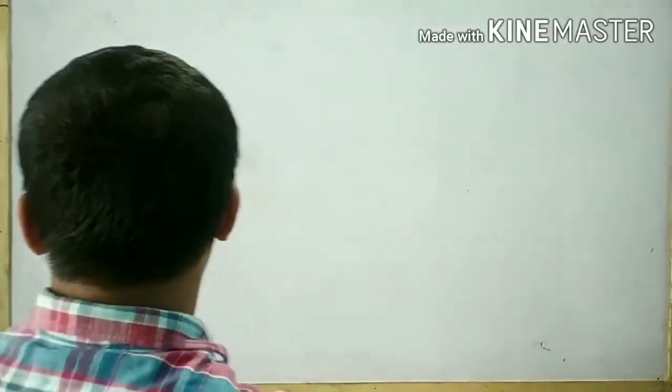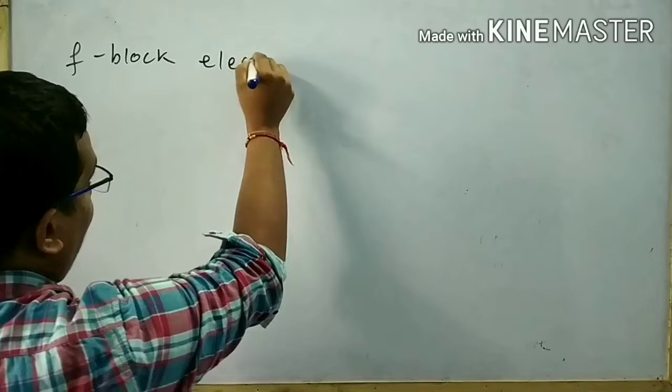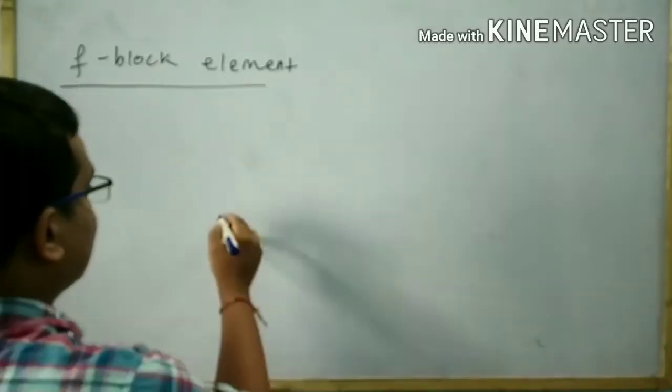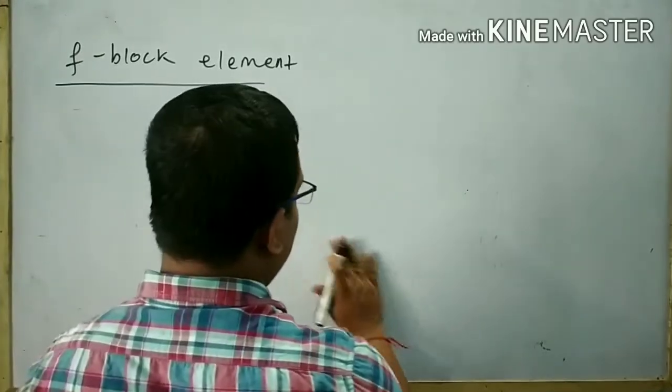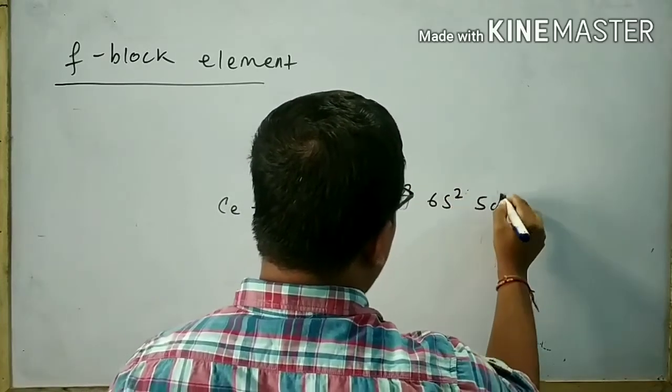Now I will discuss the f block elements. Take an example of an f block element, cerium. Its electronic configuration includes 4f2, 6s2, 5d0.